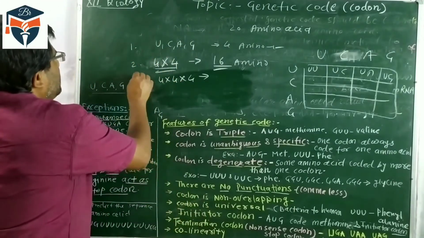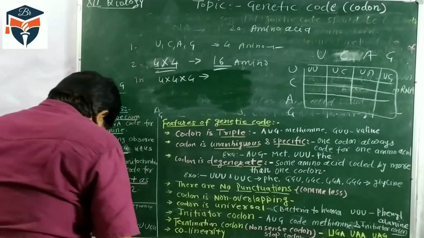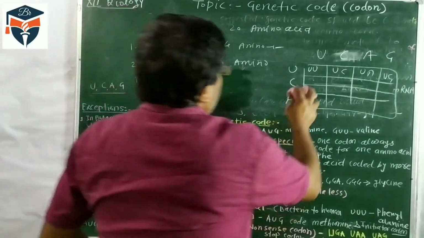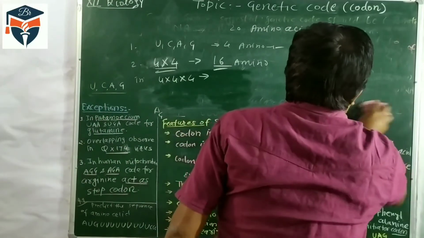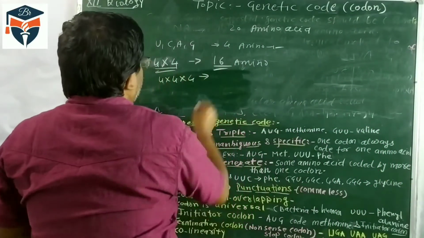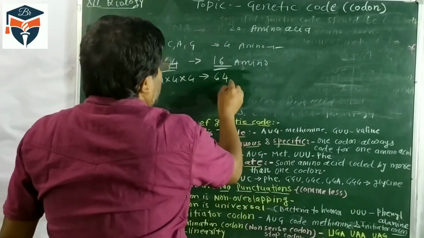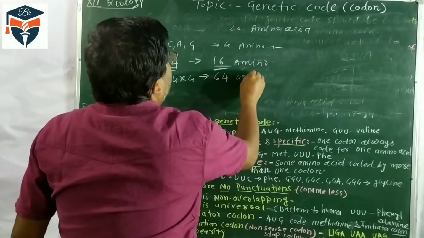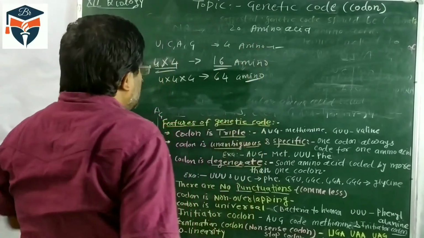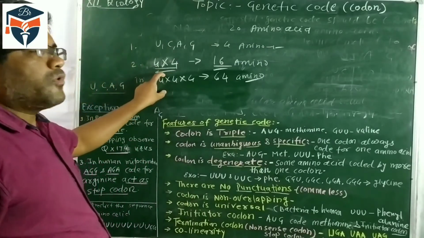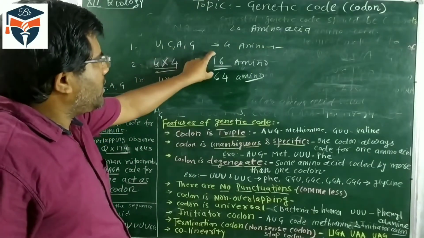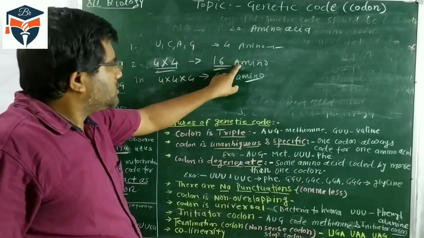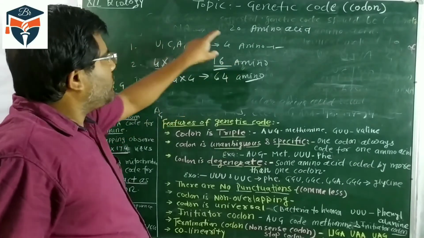Now if I take triple, we get 64 codons. Here 16 codons code 16 amino acids, and 4 codons form 4 amino acids.